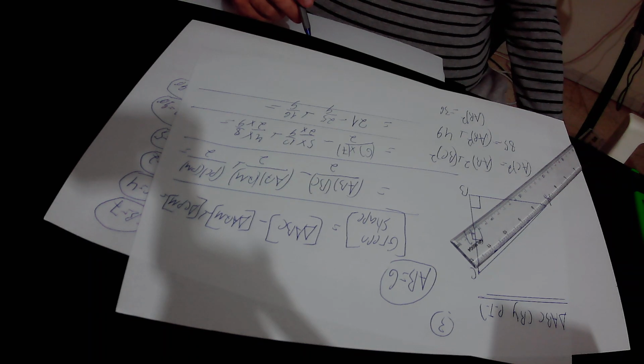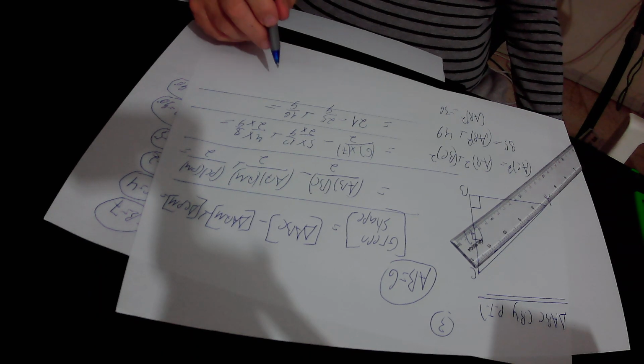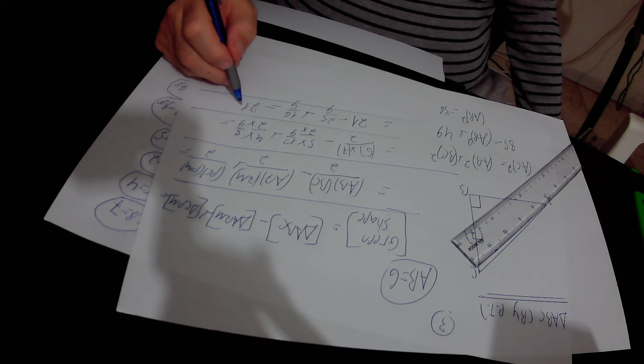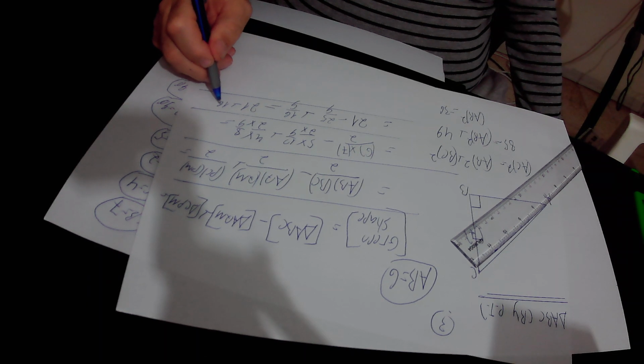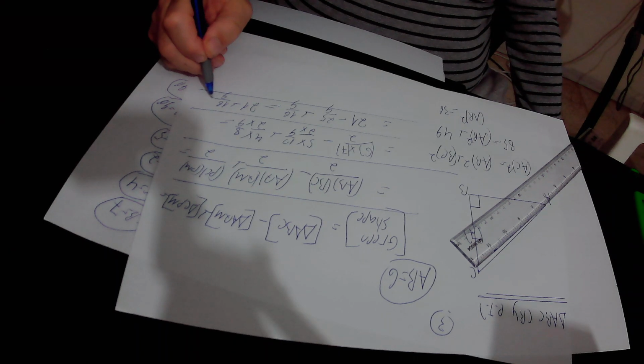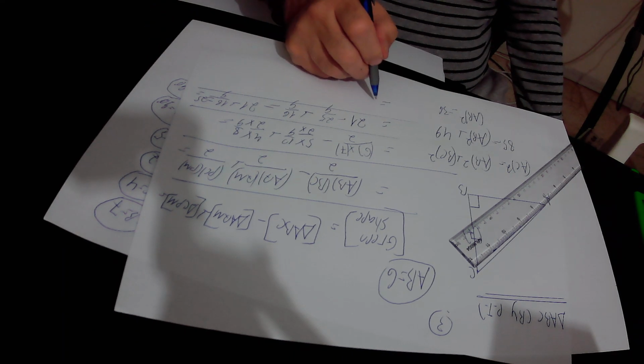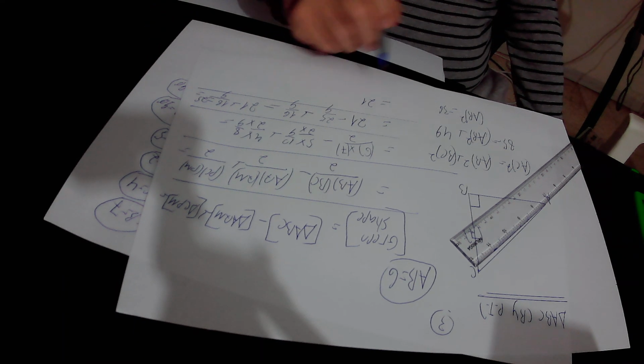So the area of the green shape in total equals 21 plus 16 over 9 minus 25 over 9.